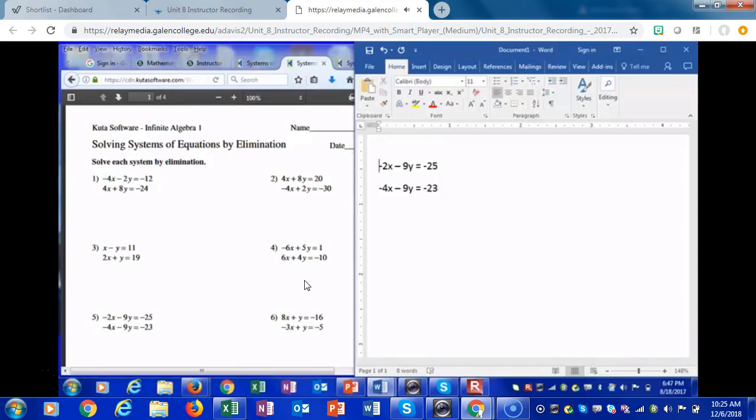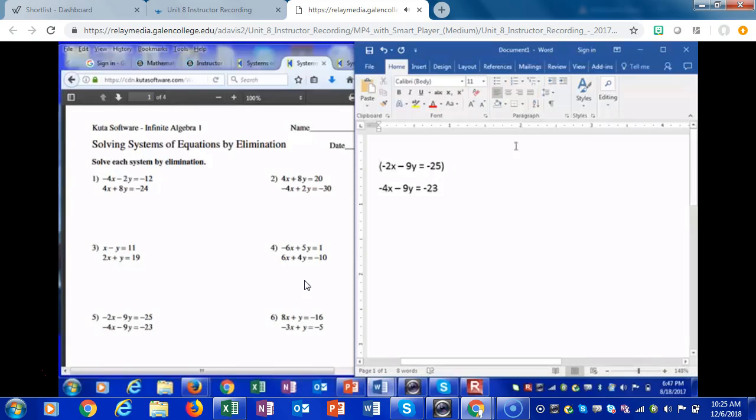In terms of the x's, if you decided to eliminate the x's, you would need to multiply the top by a negative 2. Your question would be, why are we multiplying by negative 2? Because negative 2 times negative 2 is a positive 4. Positive 4 minus 4 eliminates x's. Okay? That's one idea.